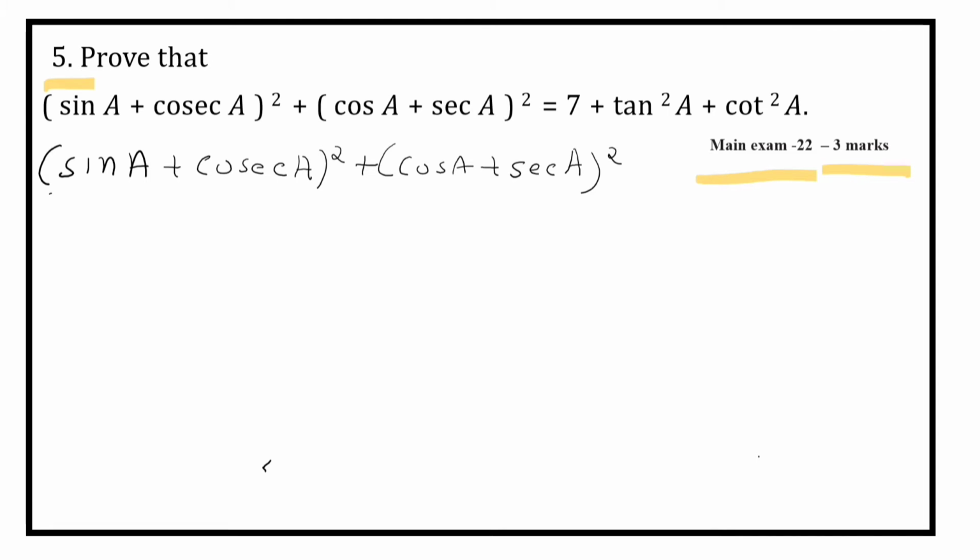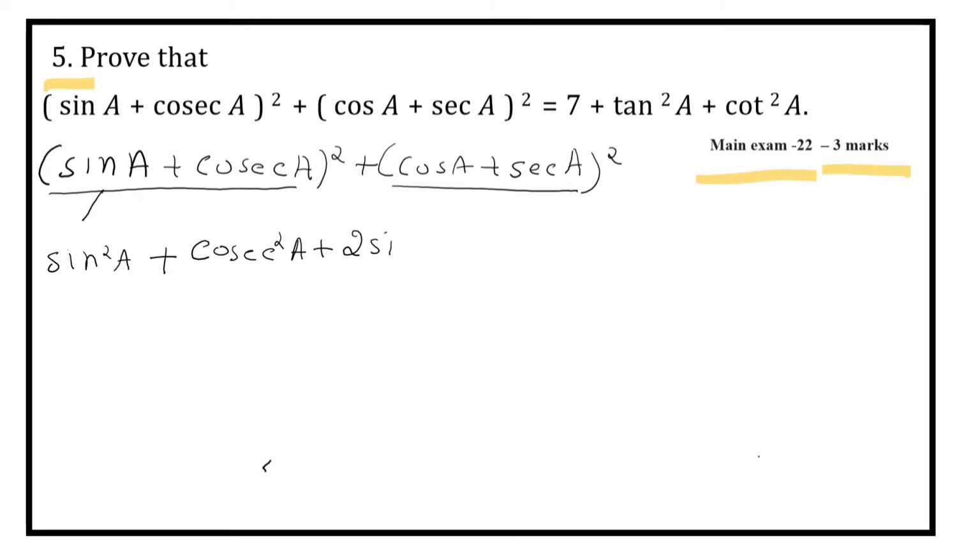Now we can expand these two by using the A plus B whole square formula. Let us apply it. Sin square A, square plus B square, cosecant square A, plus 2AB, 2 into sin A into cosecant A. Put bracket, otherwise you will get confused.